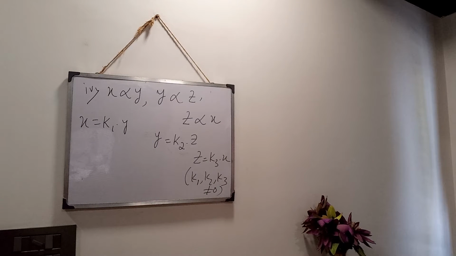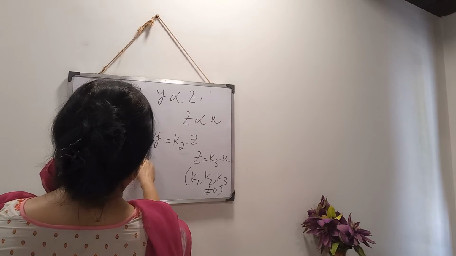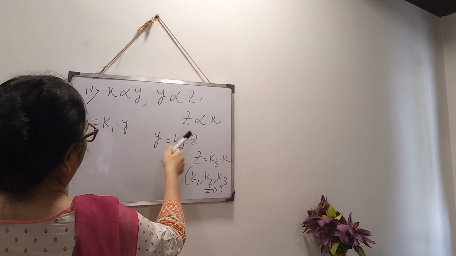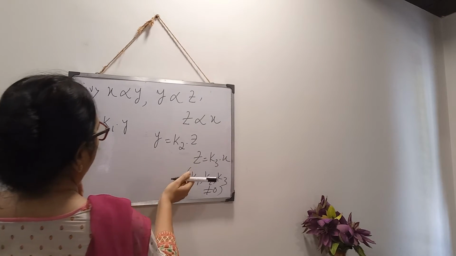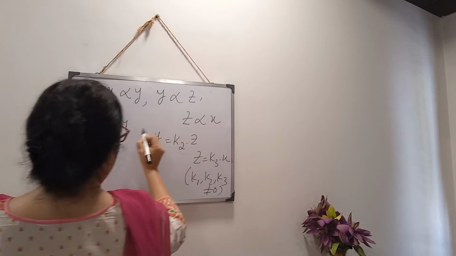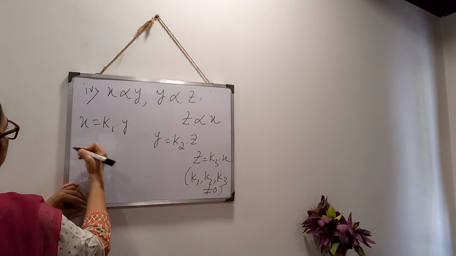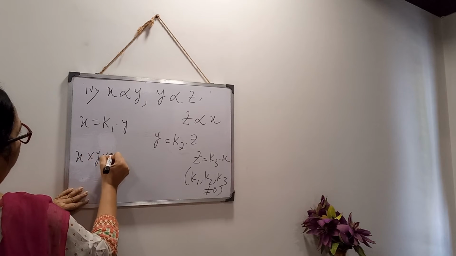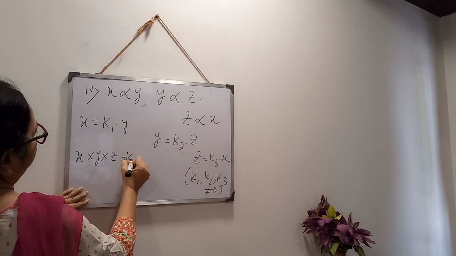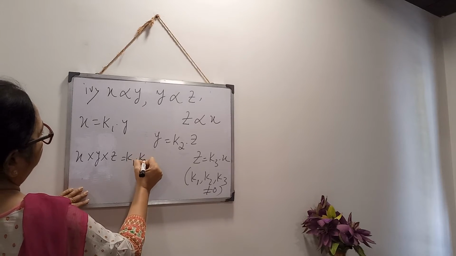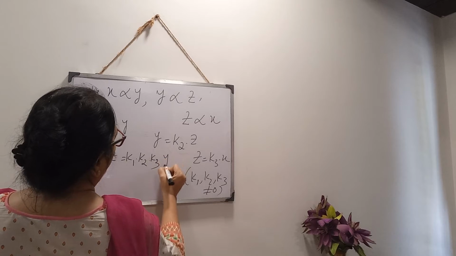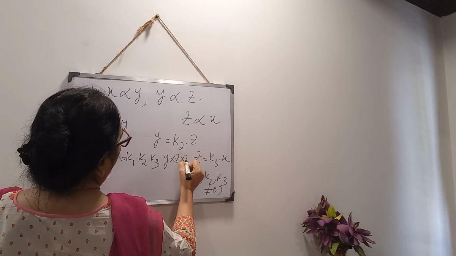Now if I multiply, on the left hand side I will get XYZ, and on the right hand side also XYZ K1 K2 K3. You have to find the relation between K1, K2, K3, so multiply these three. On the left hand side we multiply X, Y, Z, and on the right hand side K1 constant I write first, then K2, K3 into XYZ.